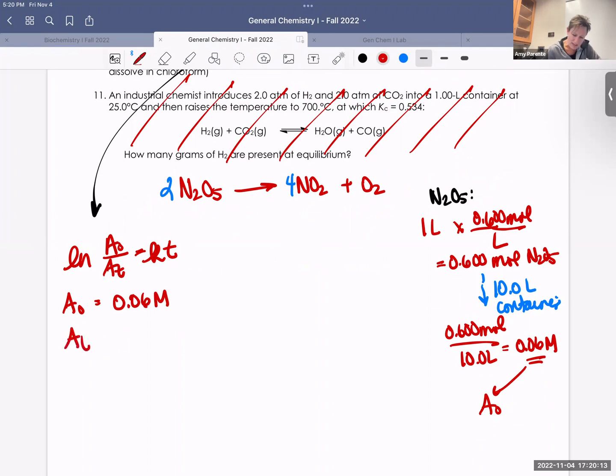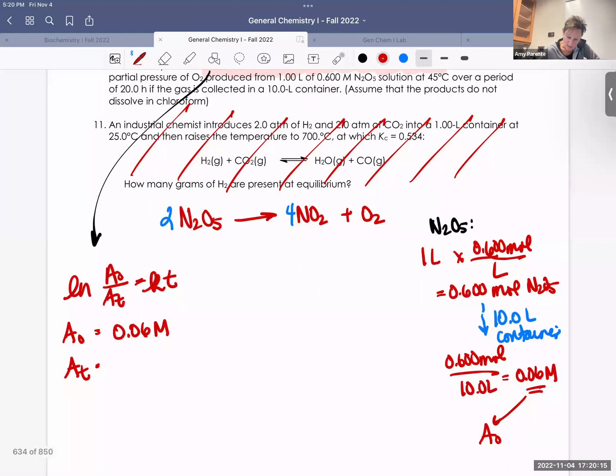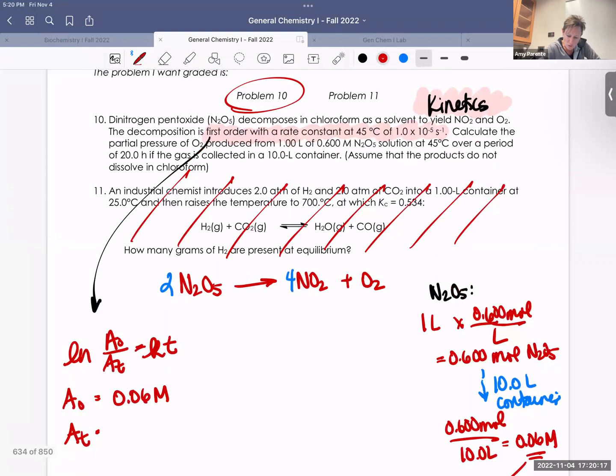Now A sub t, let me flip up so we can see here. It says calculate the partial pressure of O2 produced. So we're going to have some of this break down. We have to figure out how much N2O5 breaks down, and then we're going to use stoichiometry to relate that to how much O2 is produced.